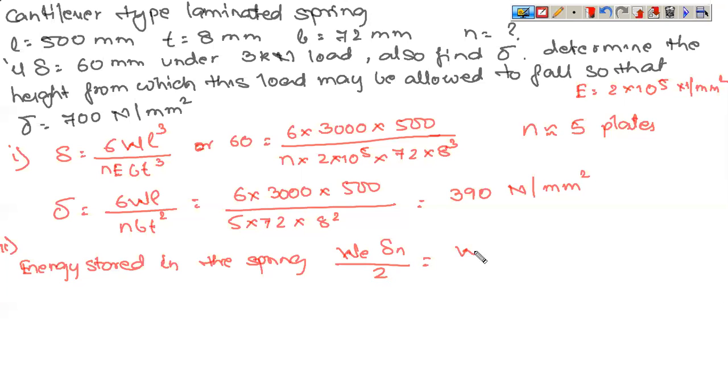So m into g is W, and h plus delta new, where h is the height from which it is to be dropped.